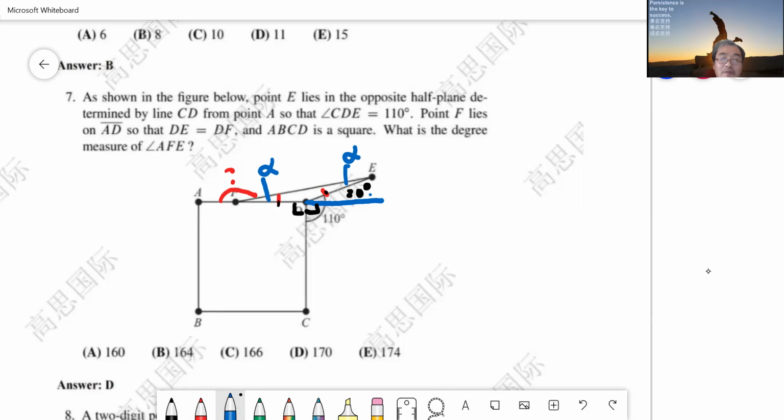So we can find that alpha plus alpha, 2 alpha, must equal 20 degrees. Then we can easily find alpha is 10 degrees. And then the angle AFE is a supplementary angle. We find angle AFE is 170.